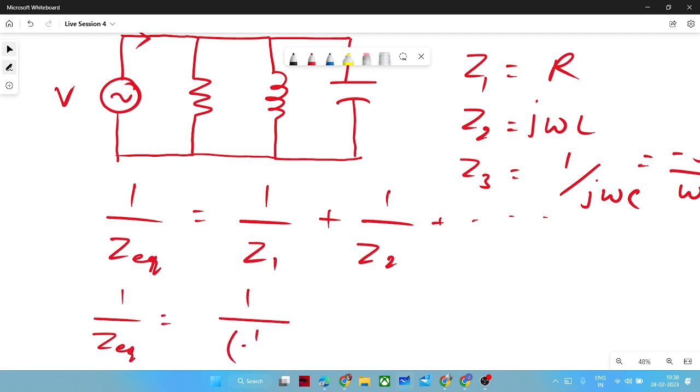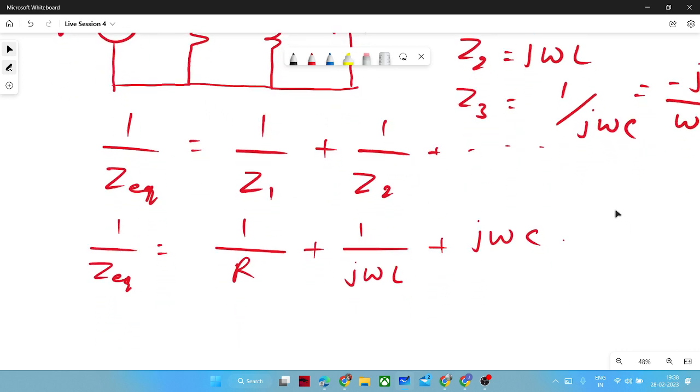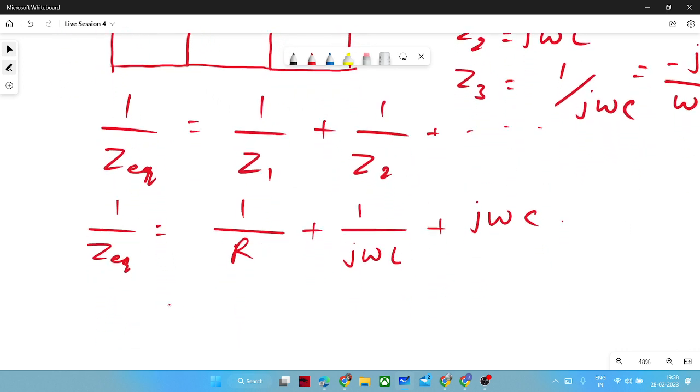Which will be 1 by R plus 1 by j omega L plus 1 by 1 by j omega C. So j omega C will go to the numerator.